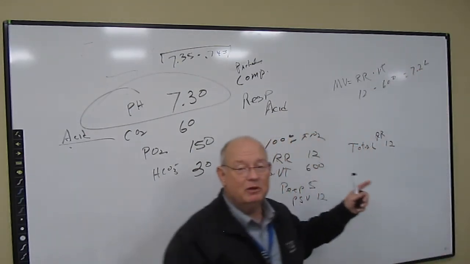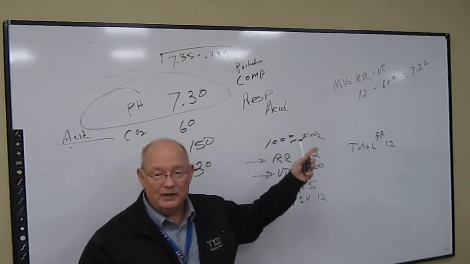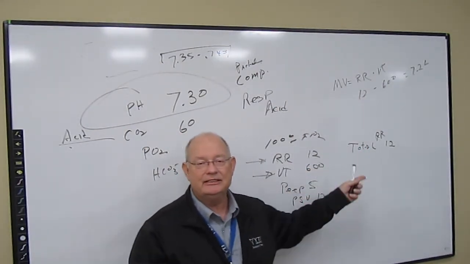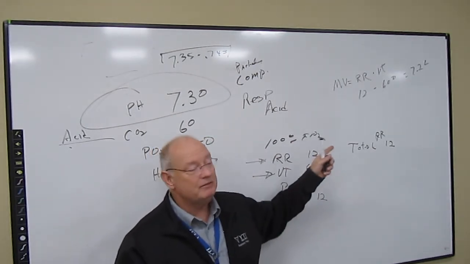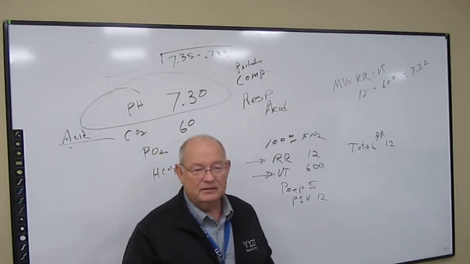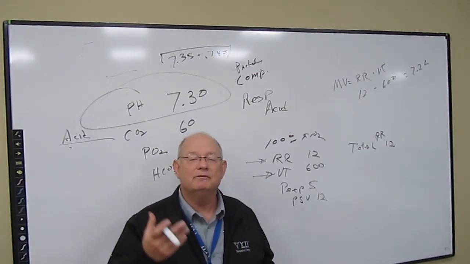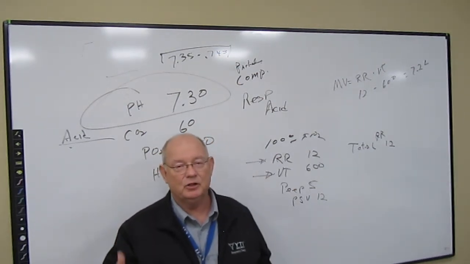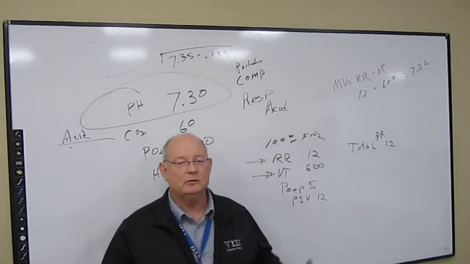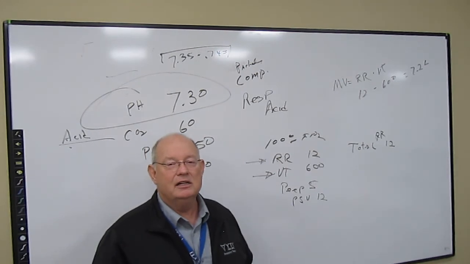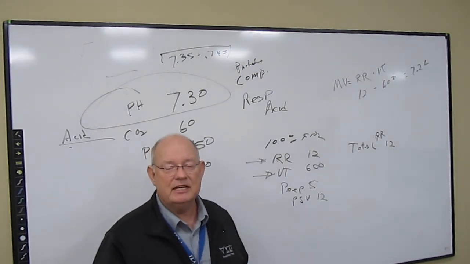Now, do you see what I did there? In respiratory, we talk about cc's and milliliters. 600 cc's times the rate of 12 equals 7.2. That doesn't make any sense, does it? Well, we've converted from cc's or milliliters to liters just in one quick step without even mentioning it to anybody. 600 times 12 is 7.2.